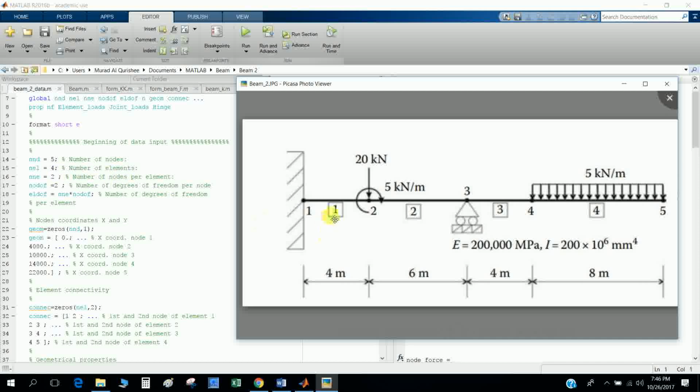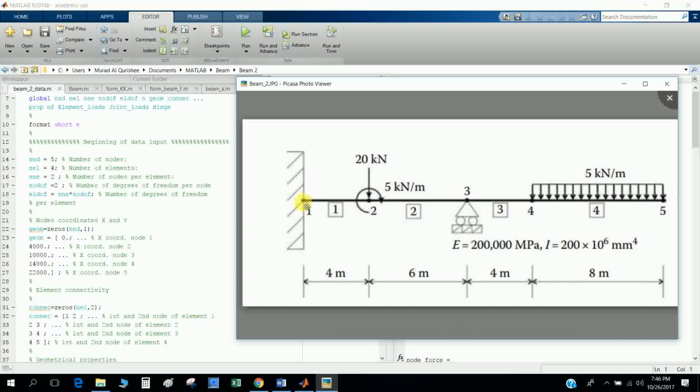Number of elements is 4: 1 2 3 4, and number of nodes per element. If you take one element, there are two nodes, 1 and 2. Again for element number 2, there are two nodes, 2 and 3, and the number of degrees of freedom per node is 2, and there is the geometric connection.